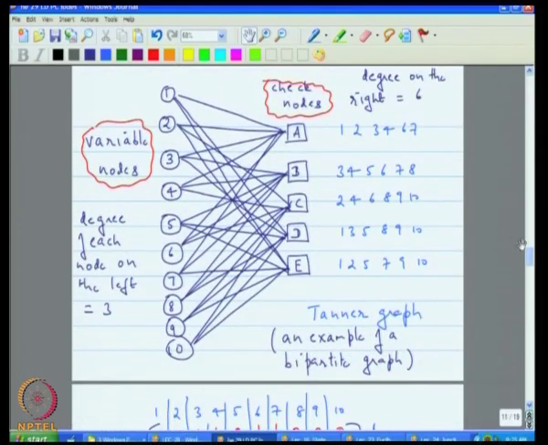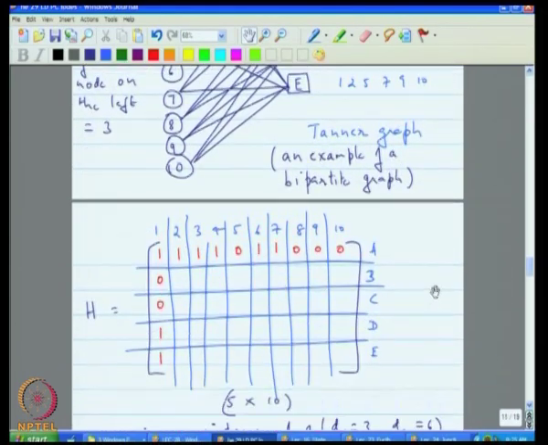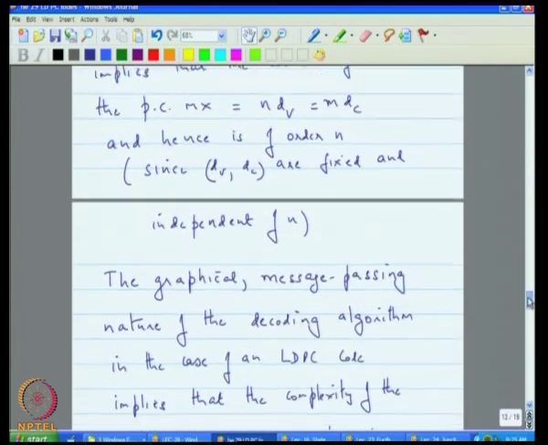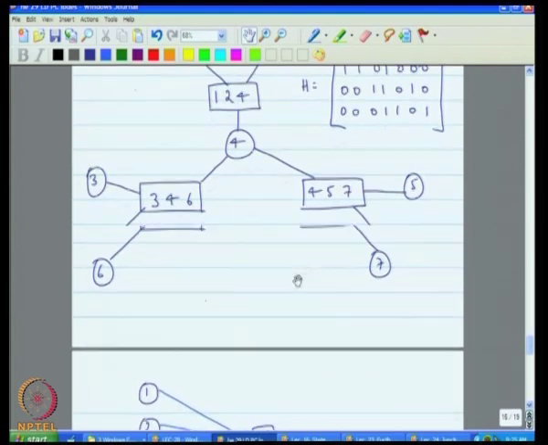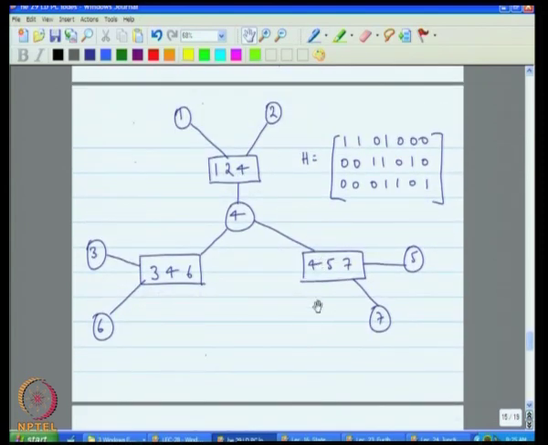I introduced a graphical representation called the Tanner graph, and then I told you that messages are passed on this graph to decode the code. I also pointed out that these messages are not completely new, because a certain type of message passing is similar to the message passing we encountered on the junction tree. So, with this I will close, and we will take this up in the next lecture. Thank you.